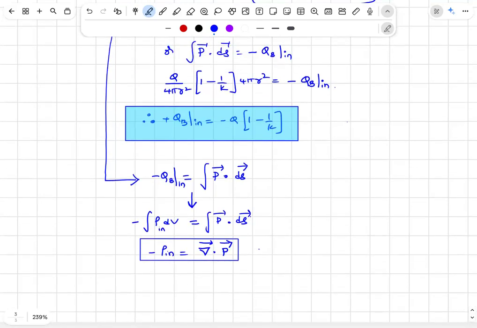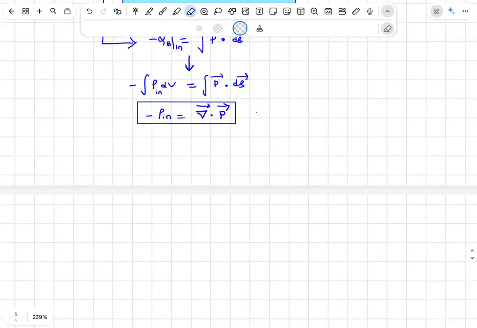Sometimes, del bar, meaning, see, it depends again. Good question that you have asked. It depends on what you are using as the coordinate system.